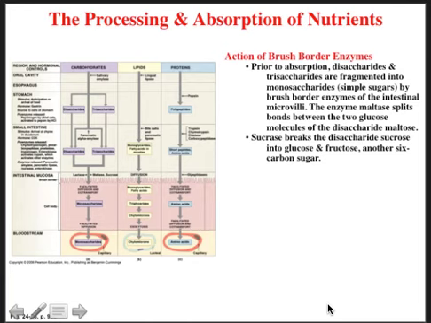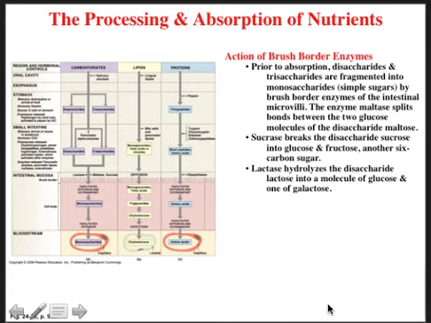And sucrase breaks the disaccharide sucrose into glucose and fructose, which is another monomeric sugar. Lactase hydrolyzes the disaccharide lactose into a molecule of glucose and one of galactose. It is a hereditary lack of this enzyme that is responsible for the condition known as lactose intolerance.